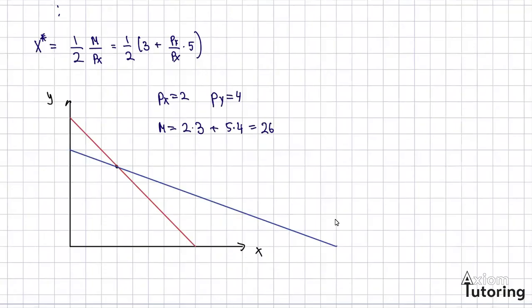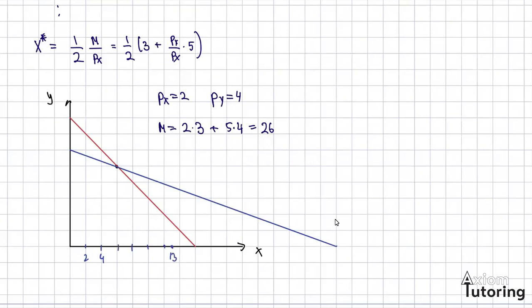I could say, if my income is 26, what's the maximum amount of X that I can afford? It would be 26 divided by 2, which is 13. So maybe I'd go here, and if I make this in twos, 4, 6, 8, 10, 12, 13. 13 is the maximum amount of X that I can afford.